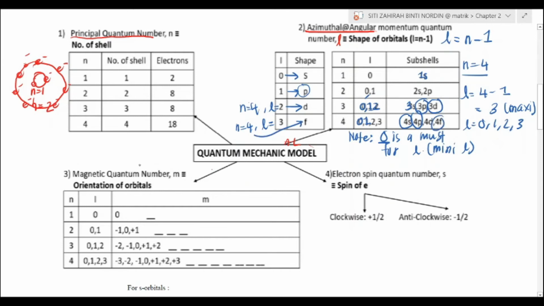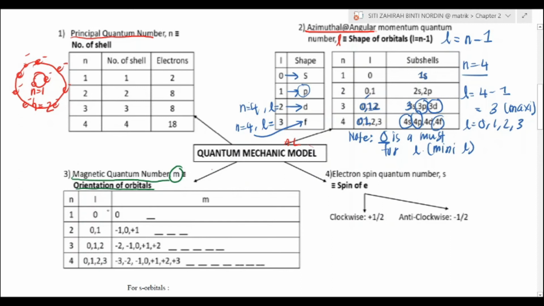Got it? The next thing is the magnetic quantum number, which has the symbol m. M is the orientation of orbitals. When n equal to 1, I'll just copy down this n and L from the azimuthal or angular momentum quantum number. When n equal to 1, L must be 0.